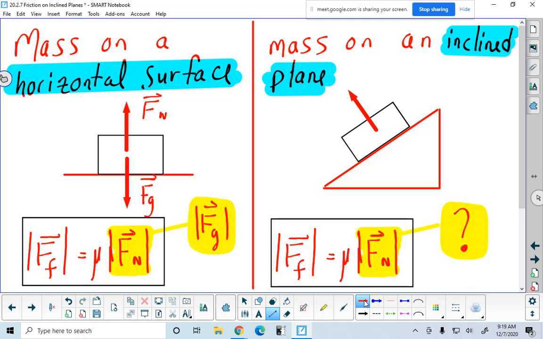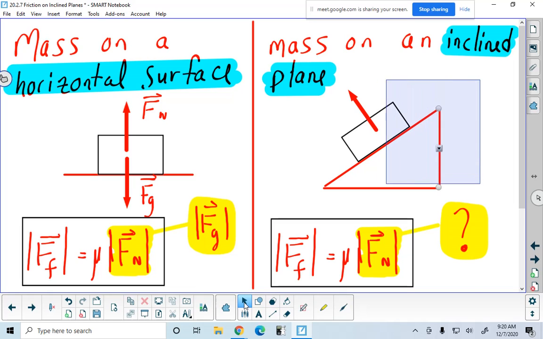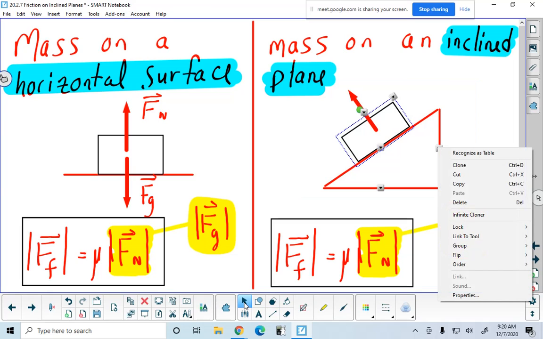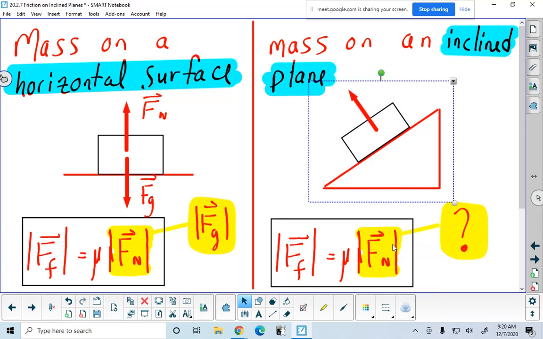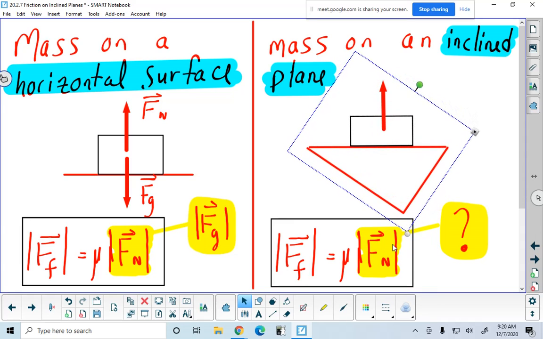If you go back and look at your notes from last week, a normal force always acts perpendicular to the surface. What you want to do when you talk about objects on ramps is imagine that we are looking at it this way. Imagine that the arrow that I drew, which isn't really vertical, is vertical.